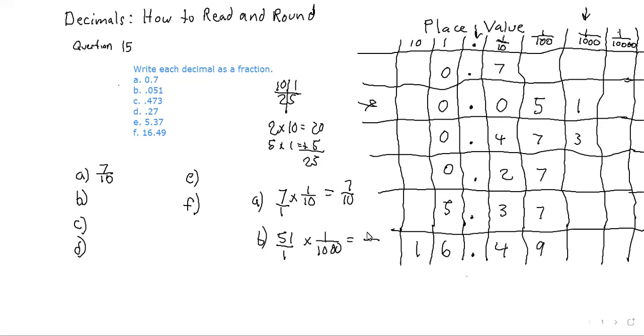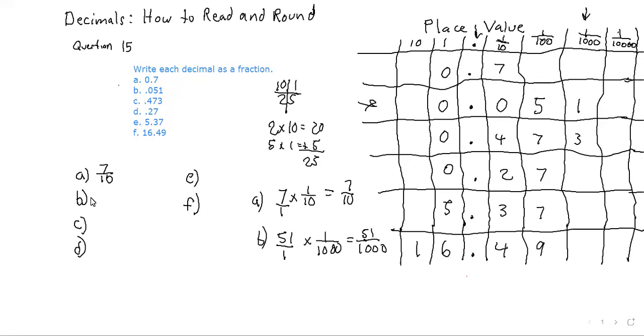So 51 times 1 is 51, and 1 times 1,000 is 1,000. So our fraction is 51 thousandths. This is how we can do all the decimals here and write them out in fractional format, just by multiplying the digits by the place value of the last digit.